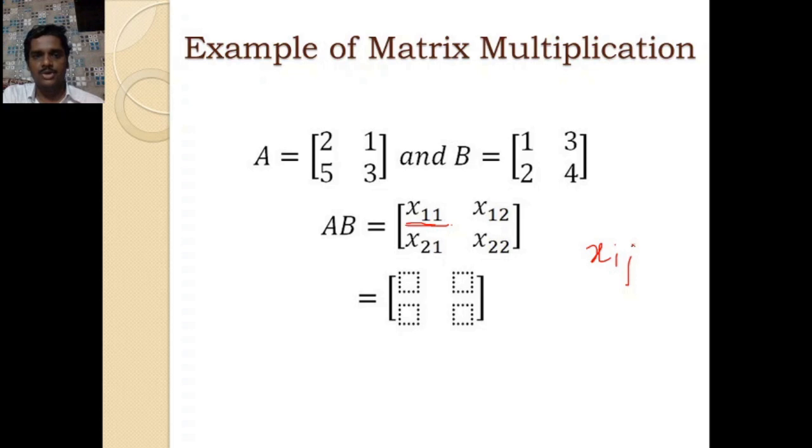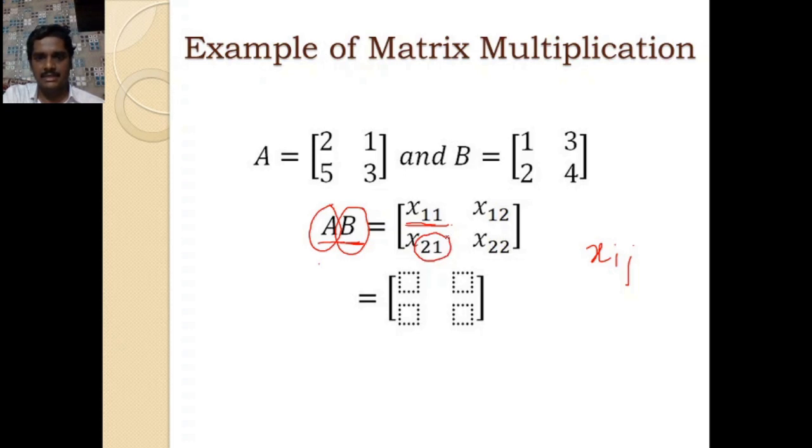Remember, rows will always come from first matrix and columns will always come from second matrix. My first matrix is A and my second matrix is B. So rows will always come from matrix A and columns will always come from matrix B. Which row and which column, that depends on this index.